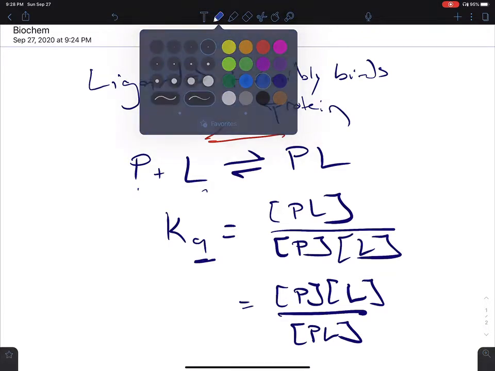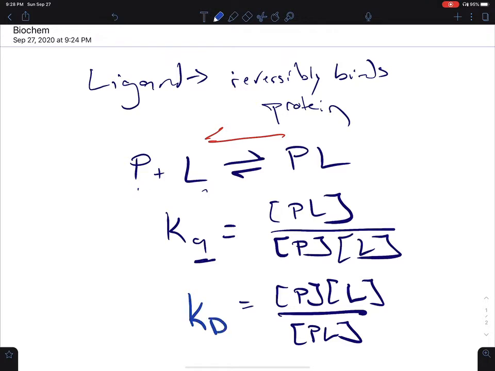I'll put this a little lighter. So this is a KD, maybe a small d there, which is just the disassociation of a protein bound to a unbound. And we're going to see this both ways coming up, so I wanted to introduce this now.